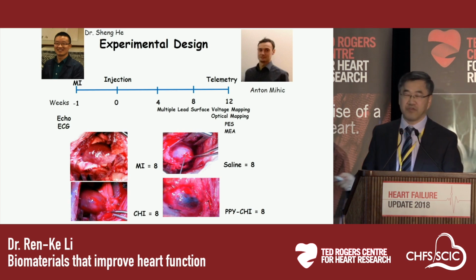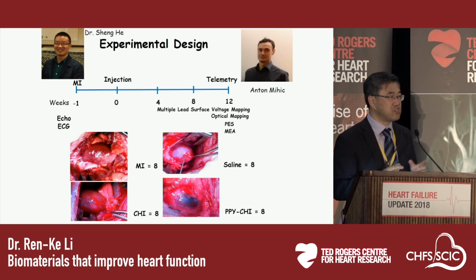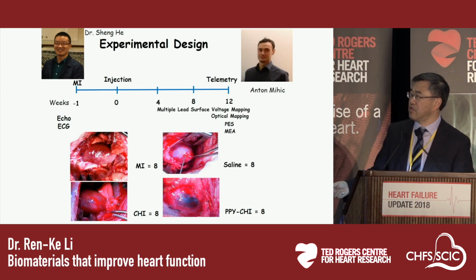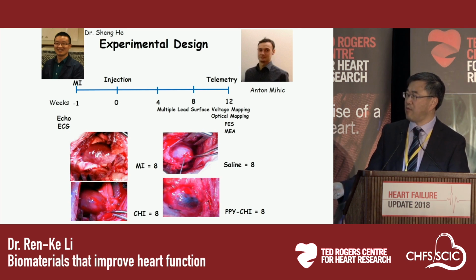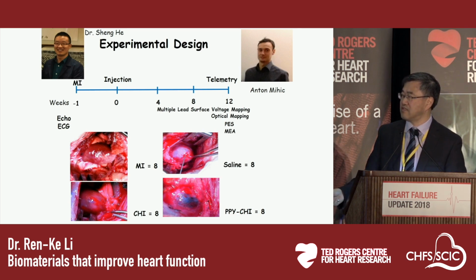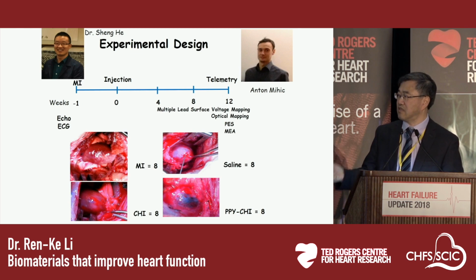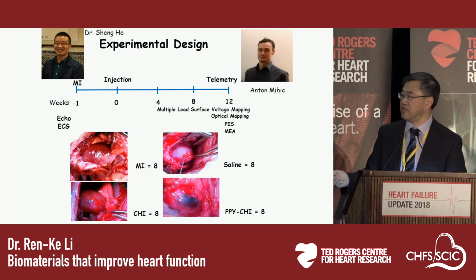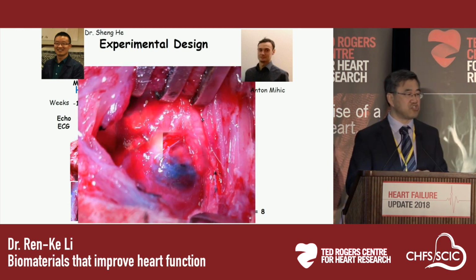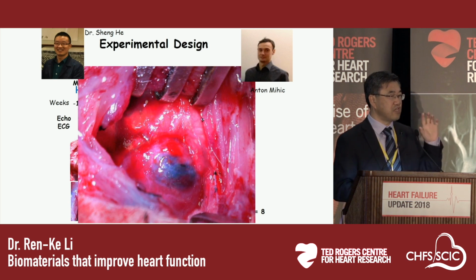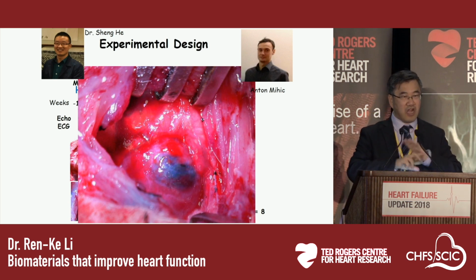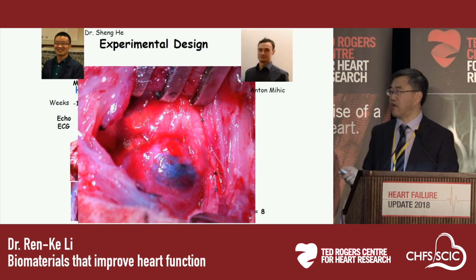One week after myocardial infarction, we inject the conductive biomaterial into the damaged area. So we have four groups: normal, MI, and with chitosan and PPY chitosan. I just want to show you the picture of this. You can see we inject the conductive biomaterial into the damaged area, covering the entire infarct region.